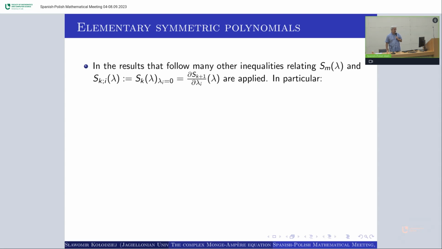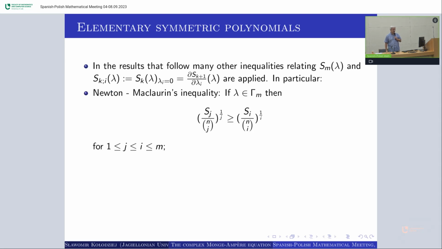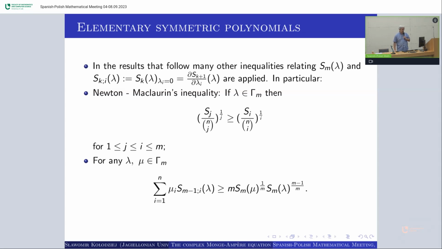And we have another inequality which is quite often used in nonlinear PDEs. So again, we take this S_{m-1},i, where lambda i's are replaced by zeros, and we replace those lambda i's by mu i's, and we have this sort of concavity inequality.